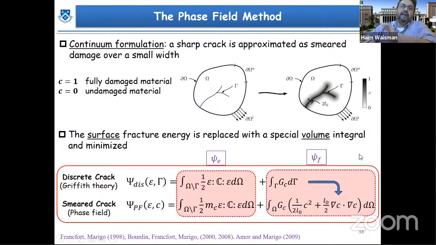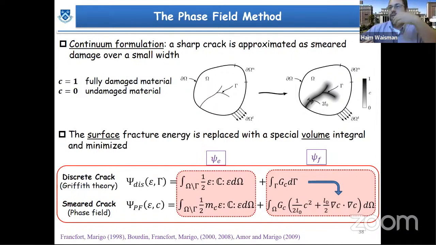So this is the essence, the idea behind this phase field model. Now for brittle fracture, one can approach it from a variational point of view, meaning that you can write a potential energy and minimize it, and the minimization would lead to an approximation of fracture.